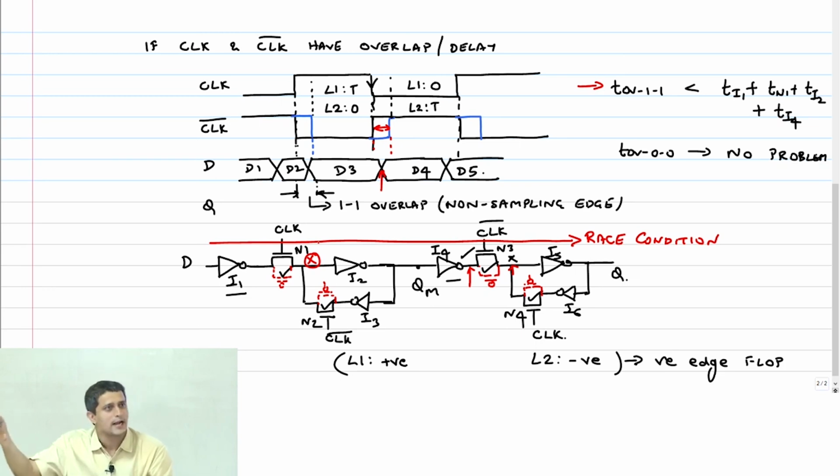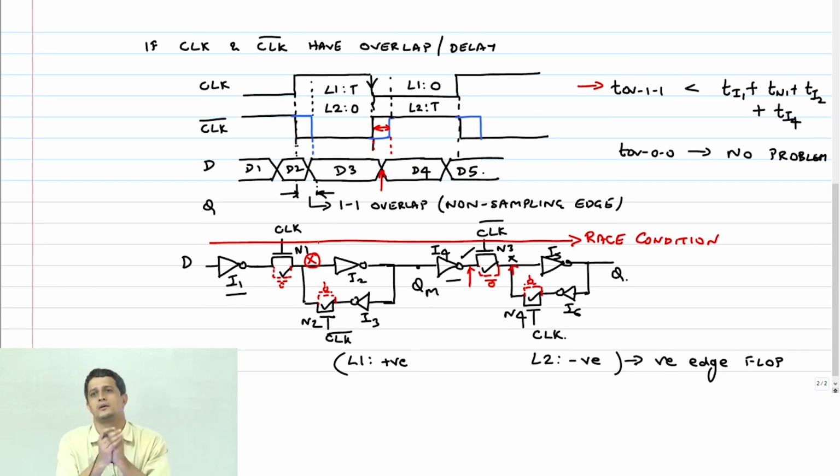The L2 is now going to be transparent, therefore data can go through all the way after the overlap period, and therefore I can tolerate no delay actually in this case. I cannot, by putting more inverters, handle that kind of a delay. Data should not go past that transmission gate.